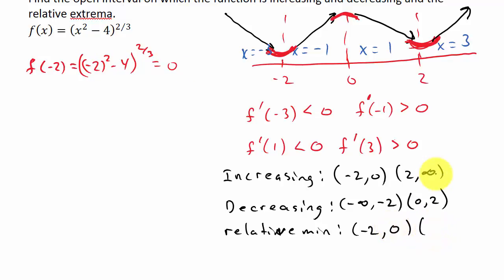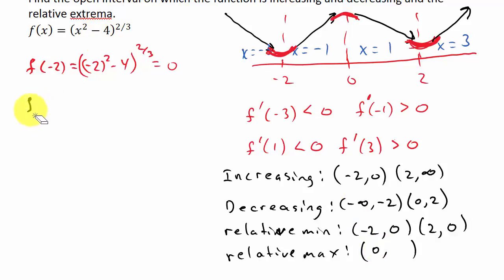And we have a relative min here at x equals 2. And if we plug +2 into the function, we're going to get 0 again. I'm not going to go through and show that. Okay, and then we have a relative maximum at x equals 0. So to find our y coordinate, we take the 0 and plug it in.